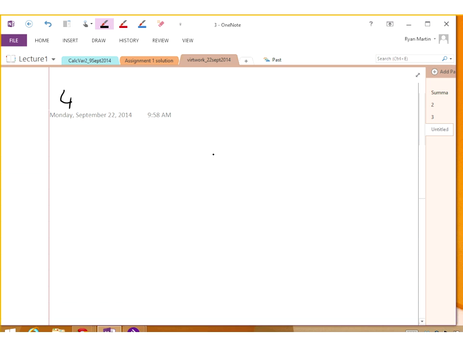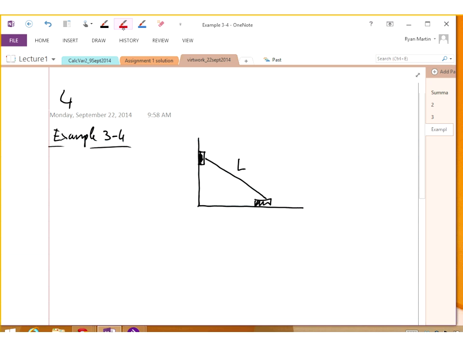We have a rigid rod and a second mass that's on the ground. The rod has a length L. The origin of the system we'll put at the corner here.